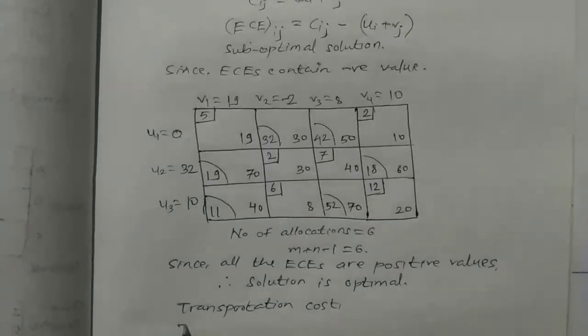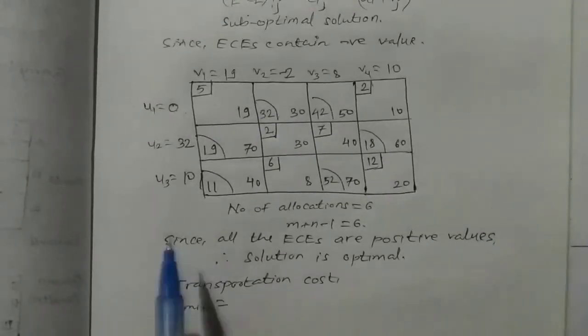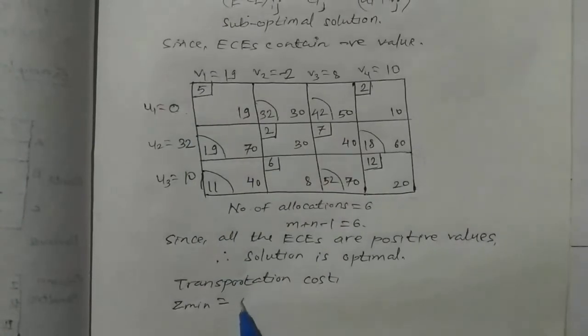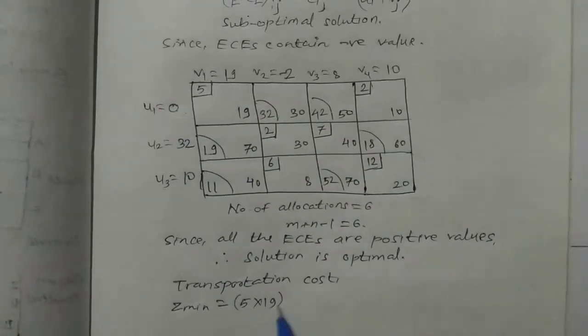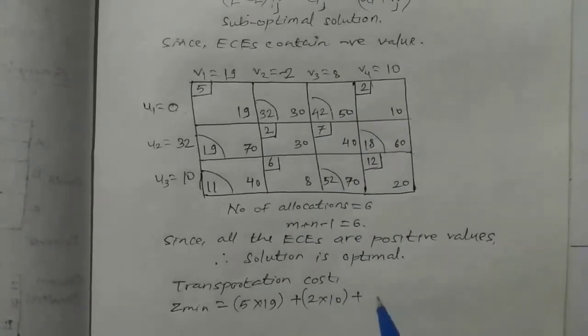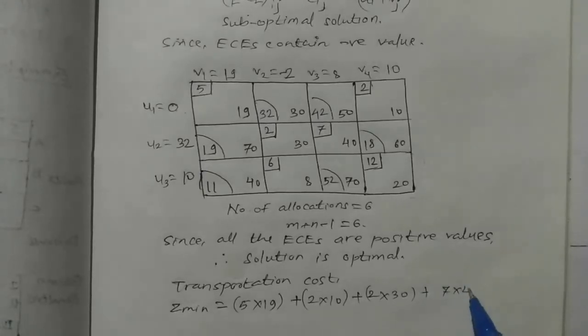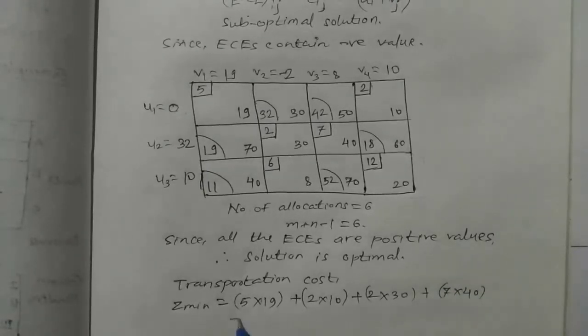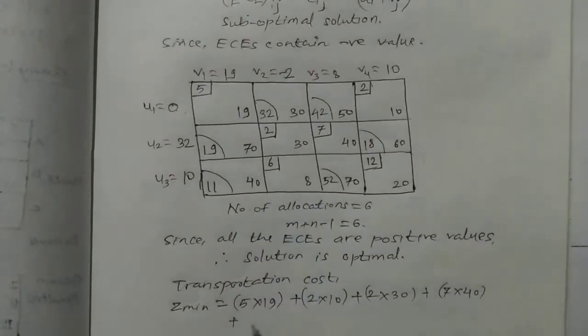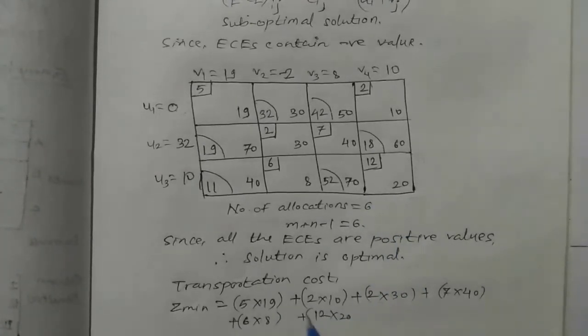Transportation cost z min equal to 5 into 19 plus 2 into 10 plus 2 into 30 plus 7 into 40 plus 6 into 8 plus 12 into 20.